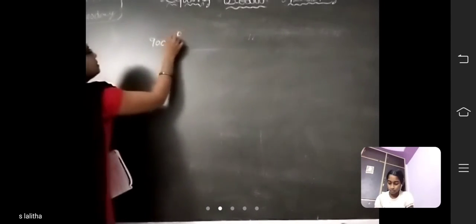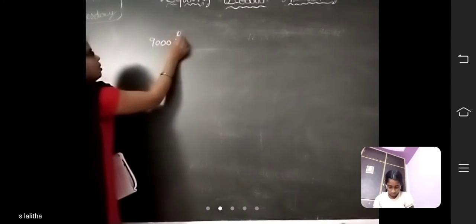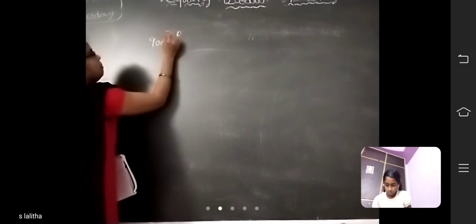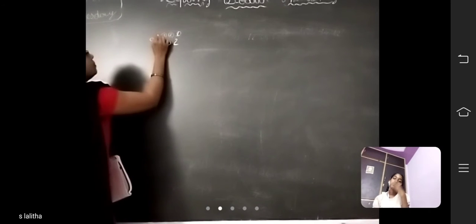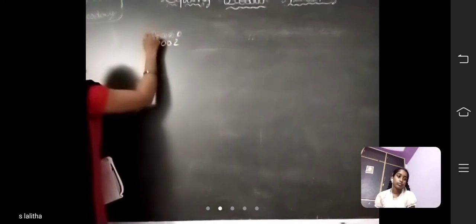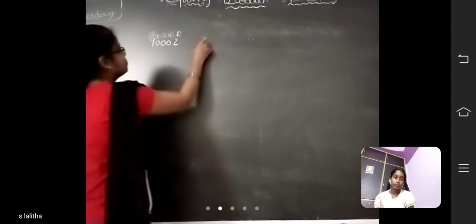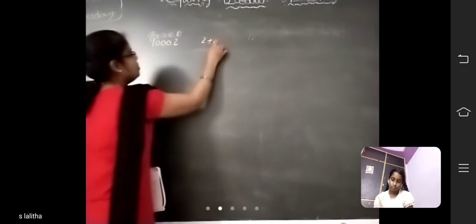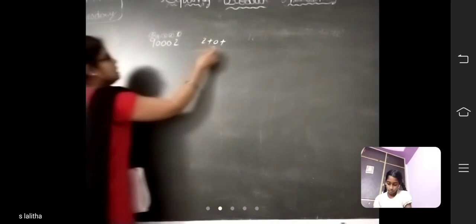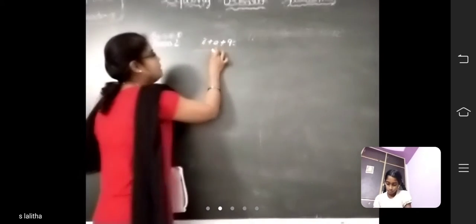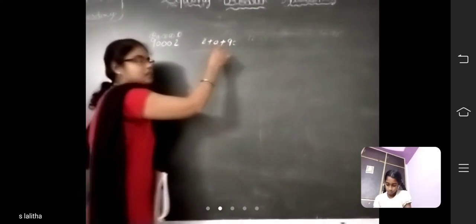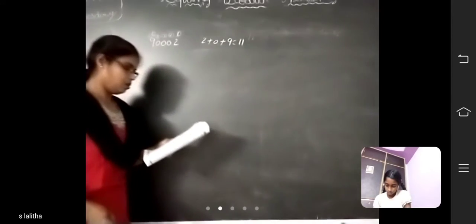This is the first place; from the right side onwards you have to count it. First place, second place, third place, fourth place, fifth place. So the odd places: first is 2, third place is 0, fifth place is 9. 2 plus 0 is 2, 2 plus 9 is 11. Okay.